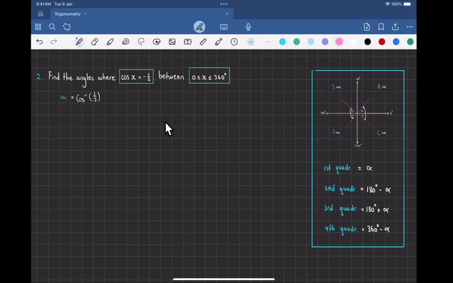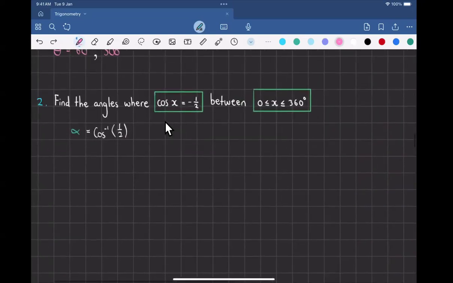So let me begin. Kirsten, why for my reference angle did I say cos inverse of a half and not minus a half? Why did I say a positive a half instead of negative a half?